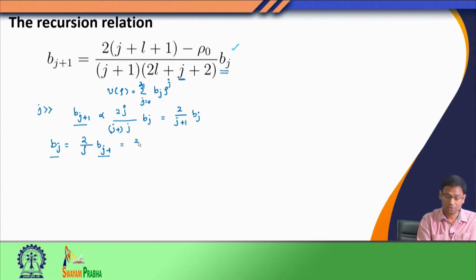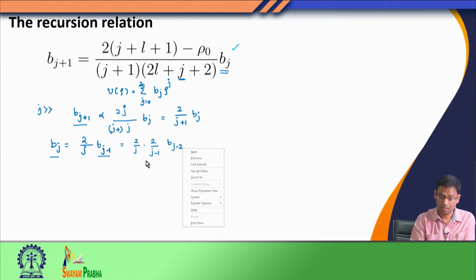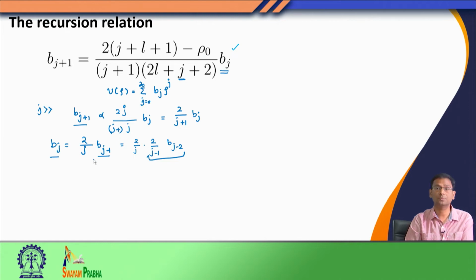How would I do that? So, I have this term 2 over j, and then these two terms are equivalent to B j minus 1. I am simply using this series.